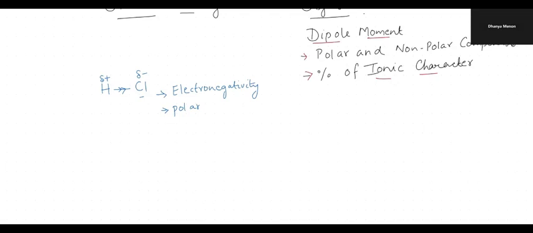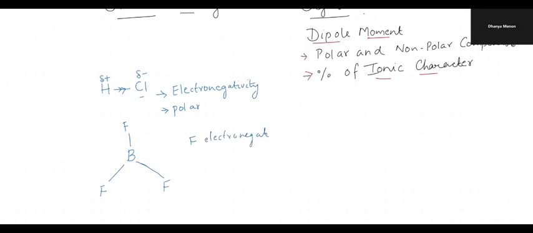But if I take an example, BF3, fluorine, fluorine. Okay, we know fluorine is highly electronegative, right?